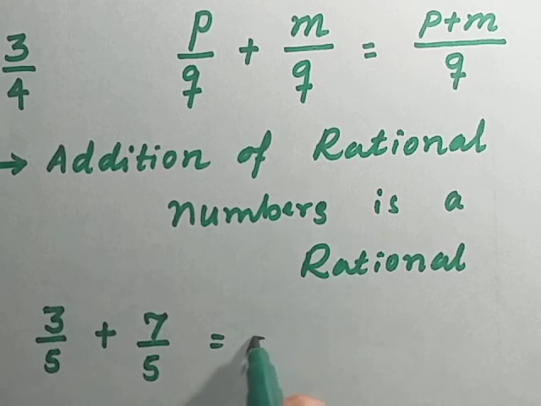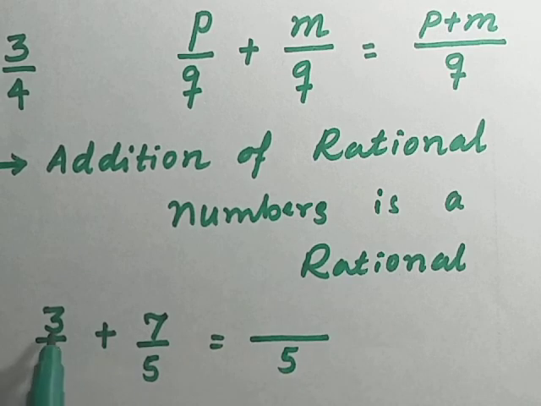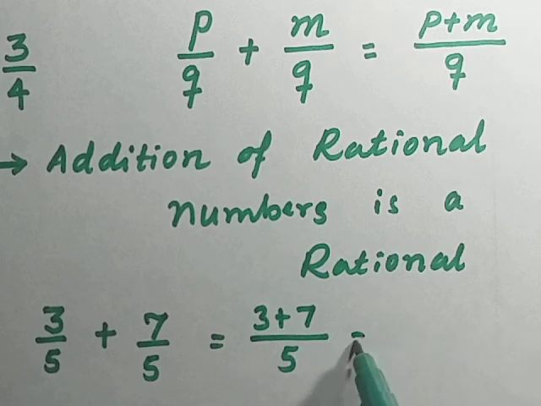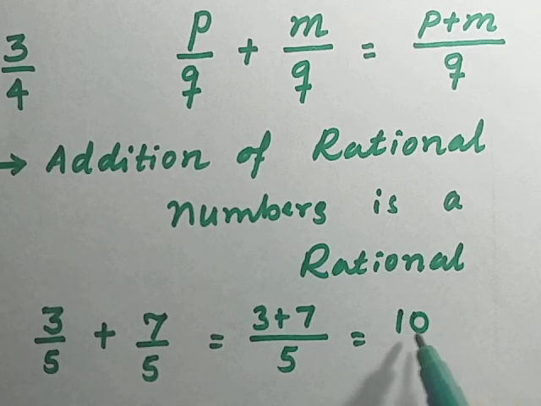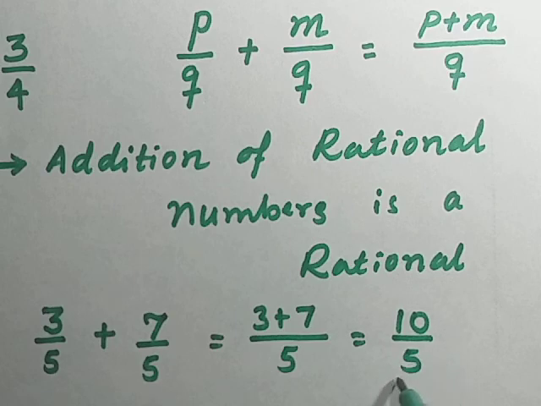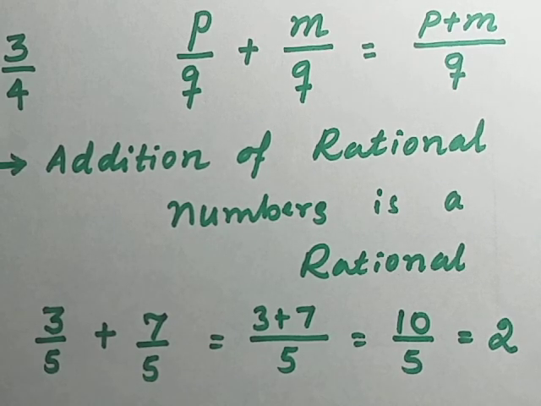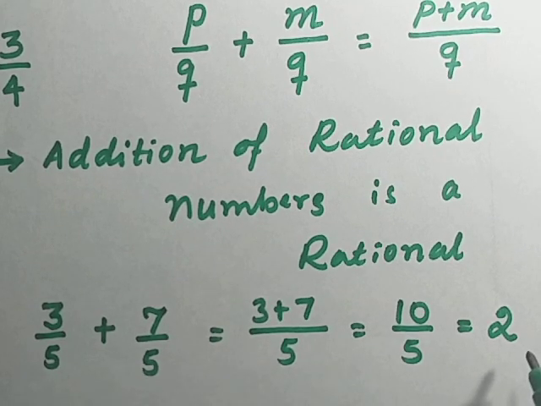Denominators are same, therefore we keep the denominator as it is, whereas we add the numerators, that is 3 plus 7. This is equal to 10 by 5. 5 ones are 5, twos are cancelled, that is equal to 2. So the addition of the rational numbers is discussed in this concept.